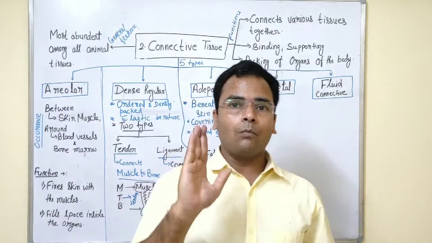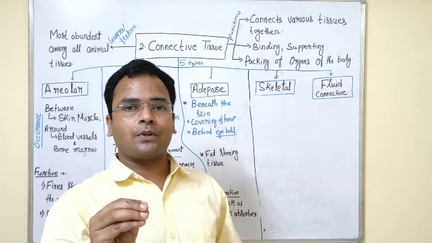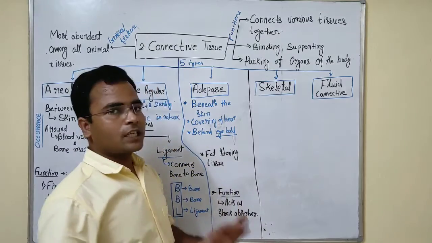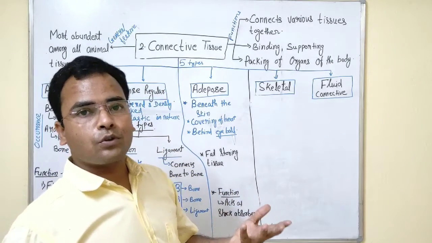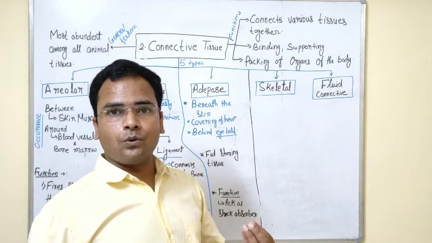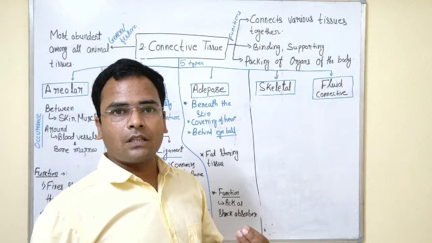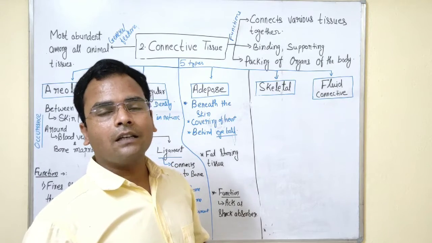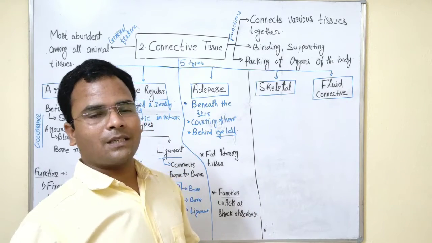They are the most abundant tissue present in the entire body. Out of all four, the connective tissue will be in the most abundance. So a question could be asked, which animal tissue is the most abundant among the entire animal tissue, and the answer will of course be the connective tissue.